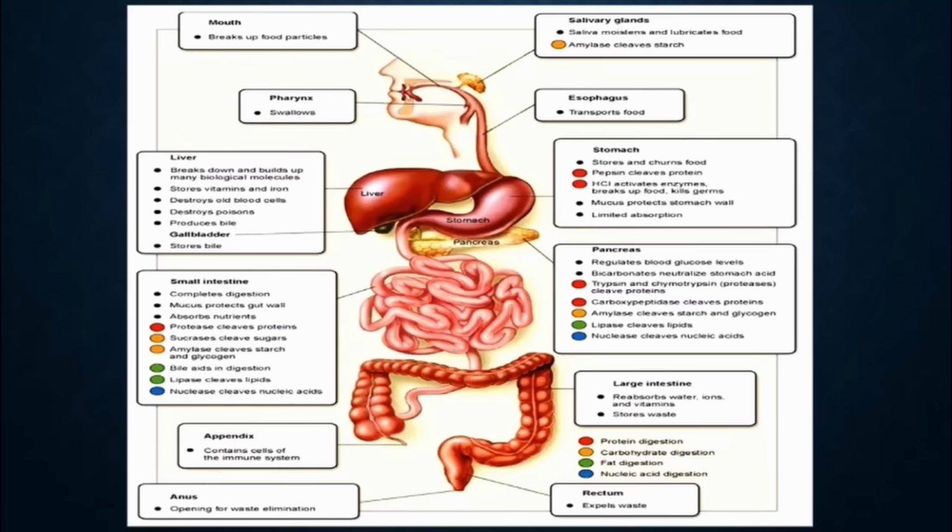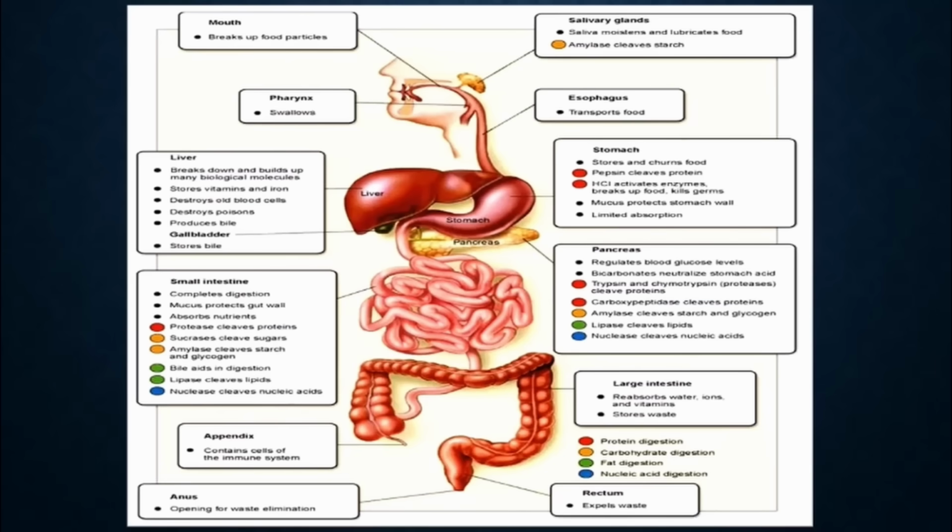The stomach is a bag-like structure. It helps in churning the food, just like a grinder is used in our kitchen, which churns different food materials and makes them a semi-solid material called chyme.